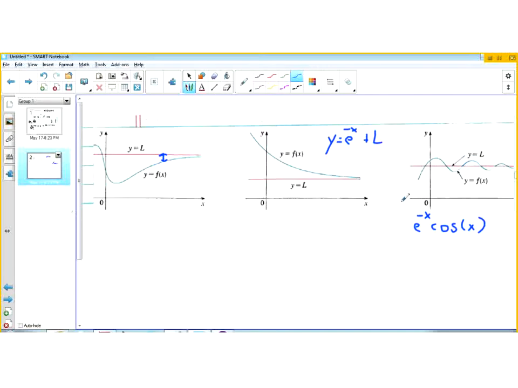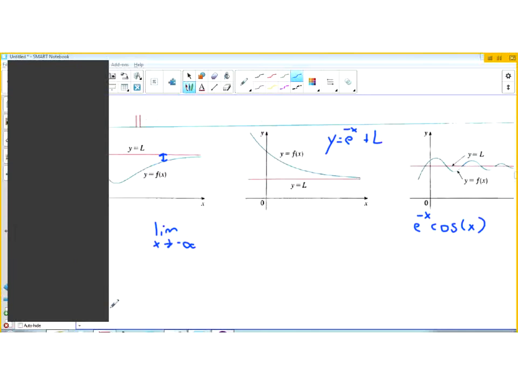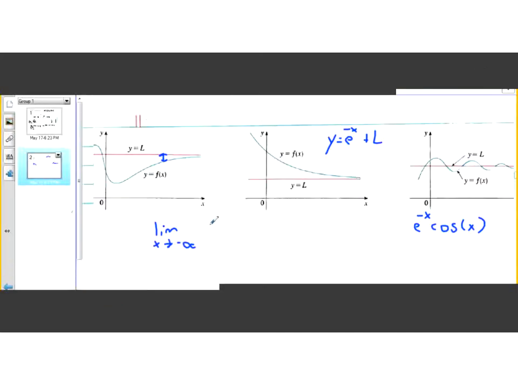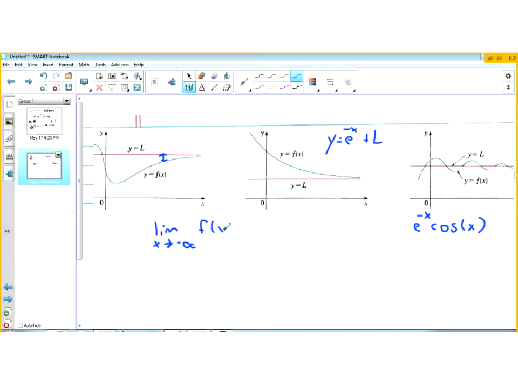Okay, I've got some more examples. Let's talk about the converse, and give you some representative depictions of the limit as x approaches minus infinity of a function f of x equaling some output.